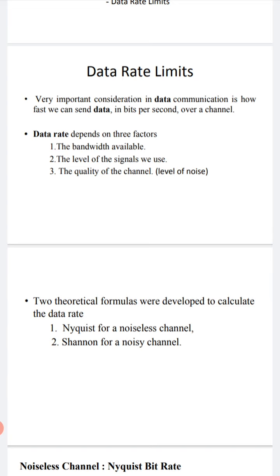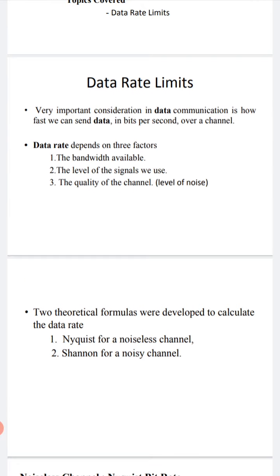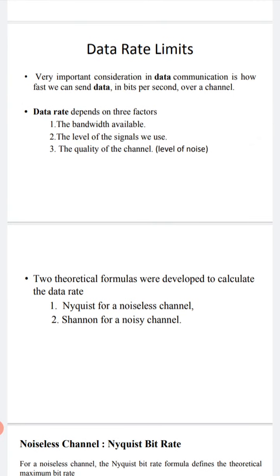First, the bandwidth available. Number two, the level of the signals we use. Number three, the quality of the channel. The quality of the channel depends on the noise, because when you send data through the channel, some noise will be added. So the data rate depends on these three factors.